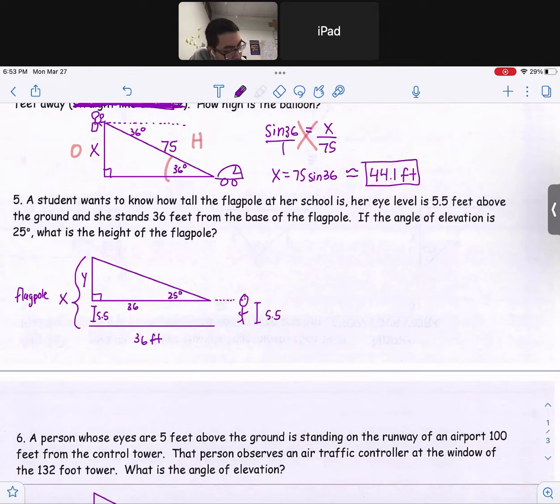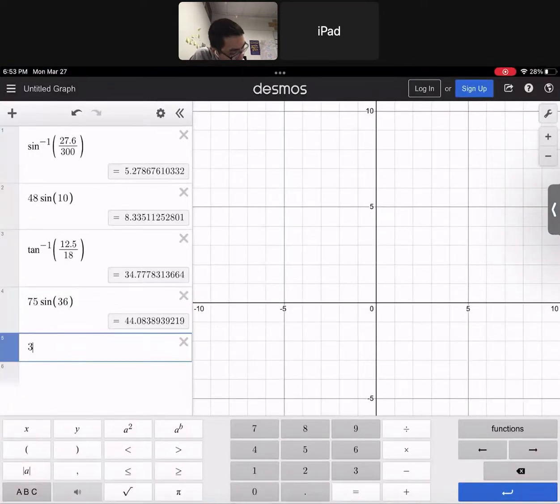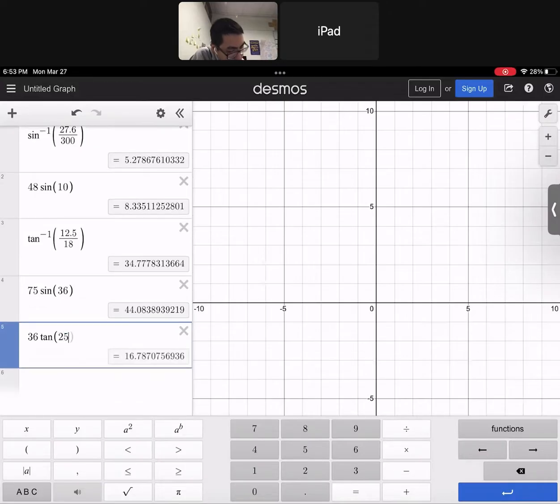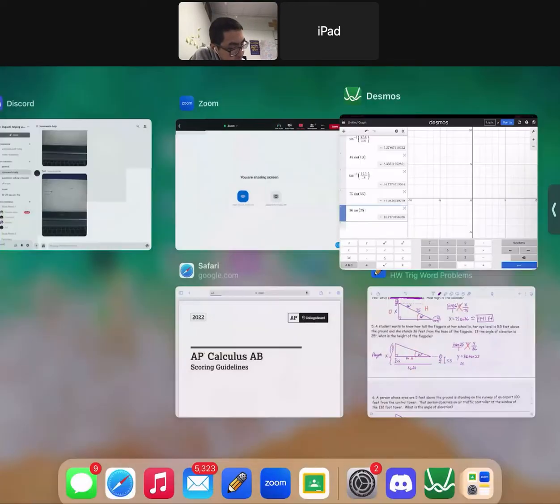In the perspective of this angle, this is opposite and this is adjacent. So tan 25 equals opposite over adjacent. Cross multiply, y equals 36 tan 25, which is roughly 16.8.